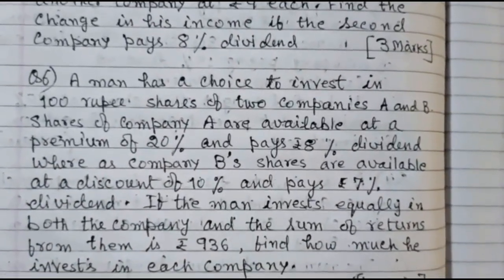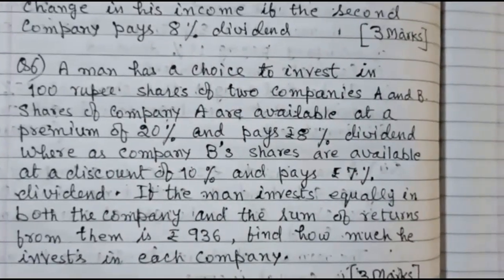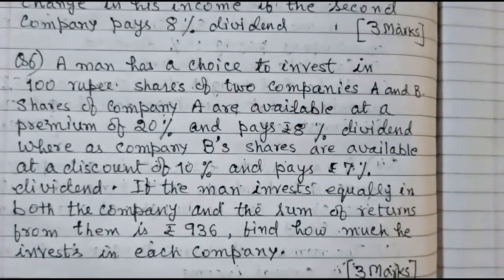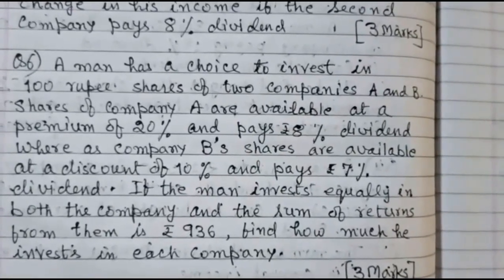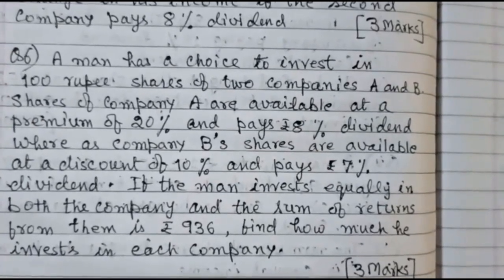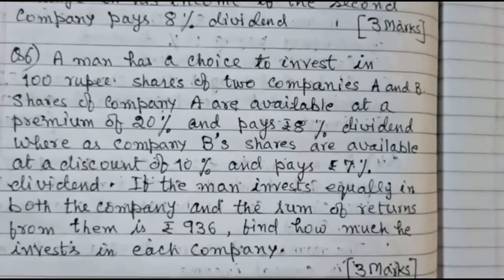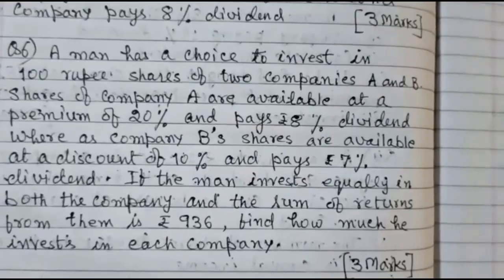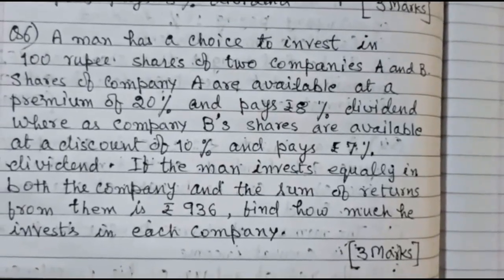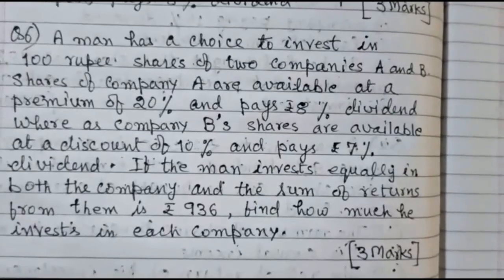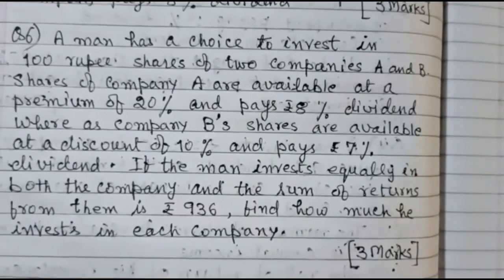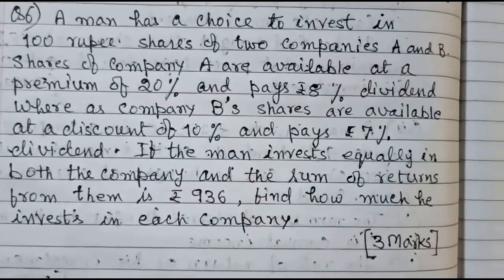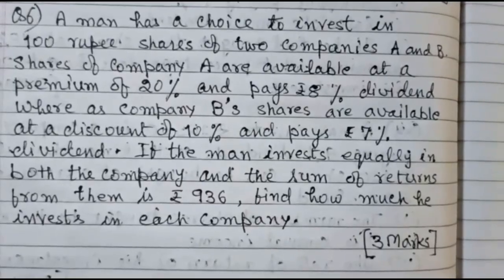Question number 6. A man has a choice to invest in 100 rupees shares of 2 companies A and B. Shares of company A are available at a premium of 20% and pay 8% dividend, whereas company B's shares are available at a discount of 10% and pay 7% dividend.